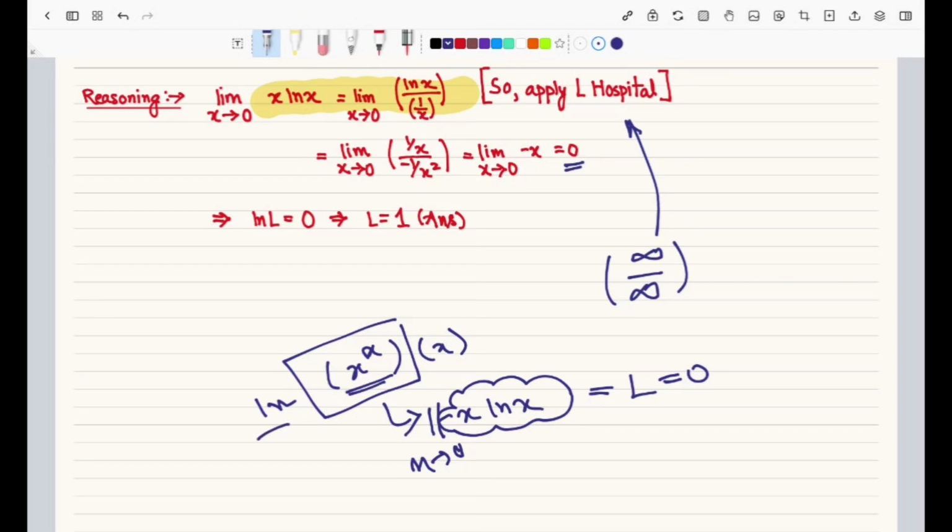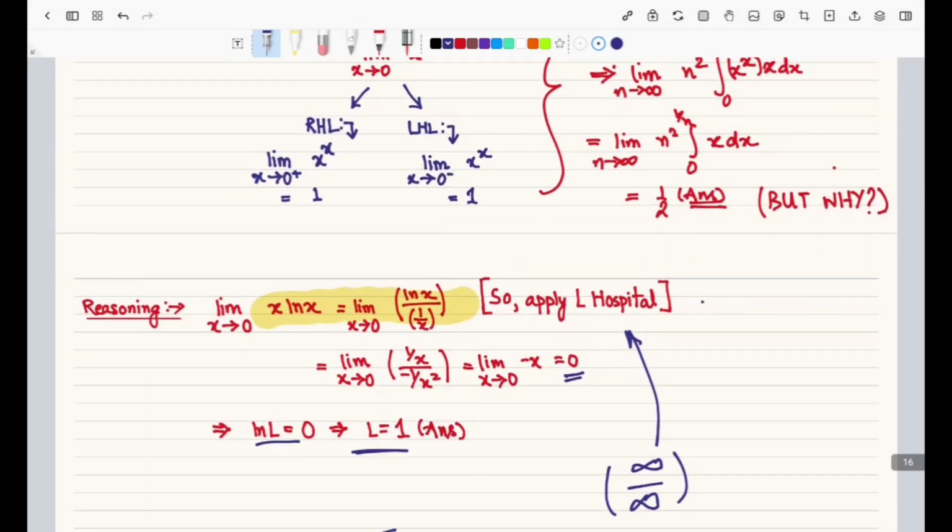But remember, we took the value as ln of something, so it will be e to the power L, which is equal to 1. Here I have assumed it in a different way, so the values of the expression are different as of now.